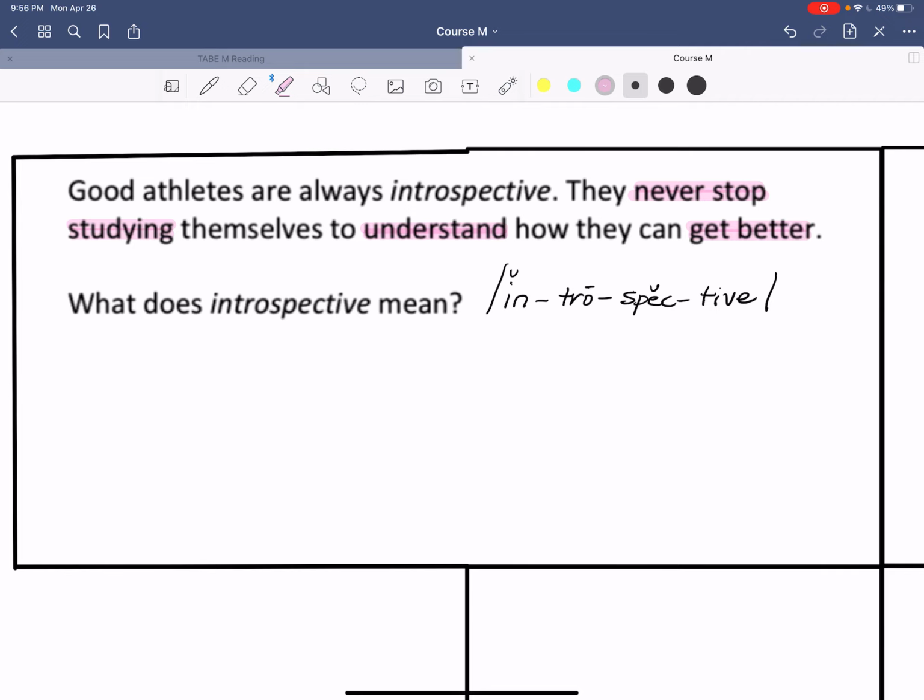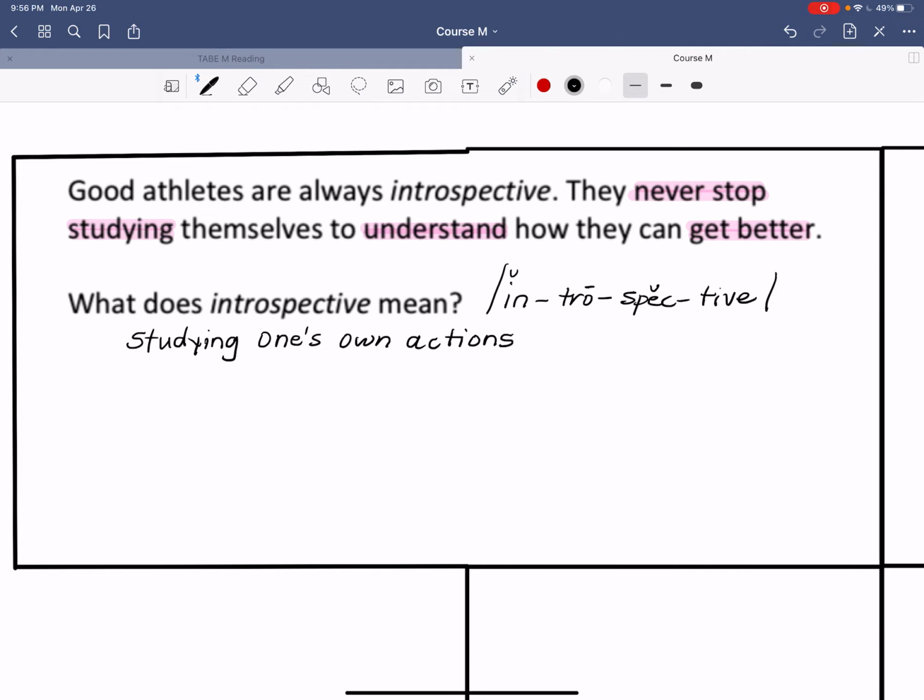So here's the definition. Introspection or introspective means studying oneself. And when we say studying oneself, let's go a little bit deeper. Studying one's own actions. So I'm saying that good athletes never stop studying their own actions.